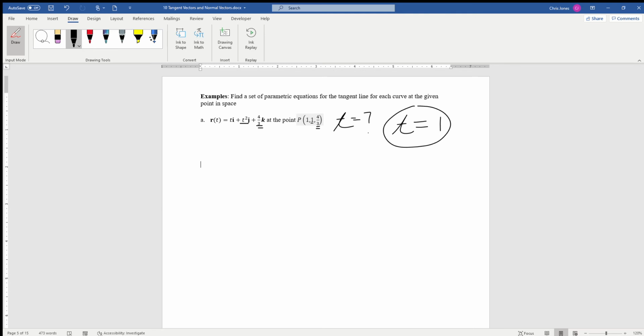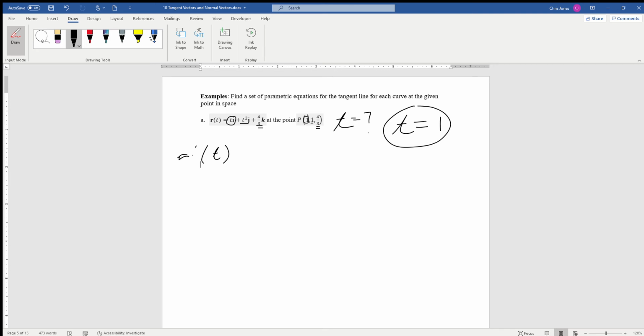I would just set the first of the components equal to the first coordinate of your point and solve for t that way. All right, so let's find r prime of t to be able to get a tangent line.